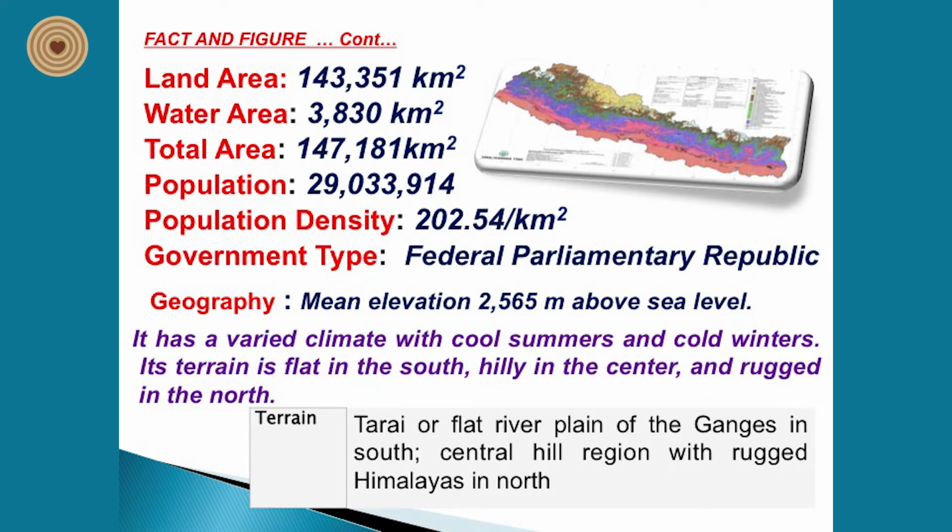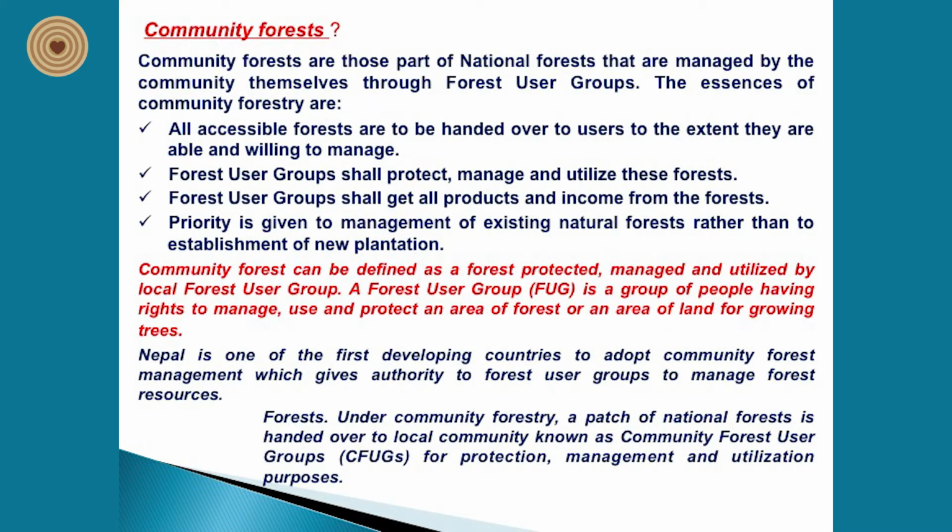As my title is Impact of Community Forestry, I would like to give some definitions of community forestry. Community forests are those parts of national forest that are managed by the community themselves through forest user groups.